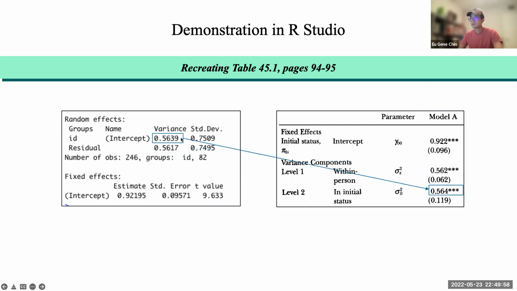And then this variance over here represents the between individuals variability that is left over, that is unaccounted for by your multilevel model. And as you can see, the parameter estimates are fairly close over here.